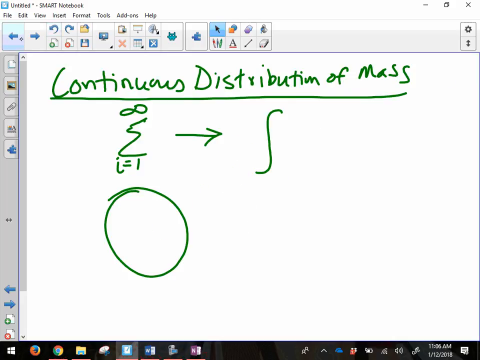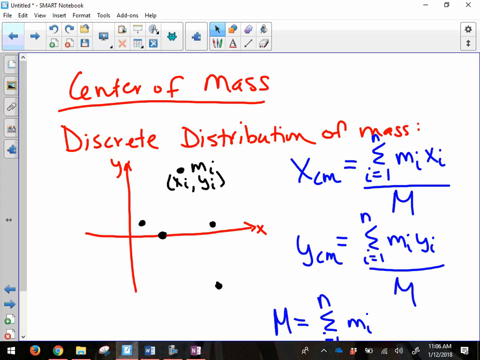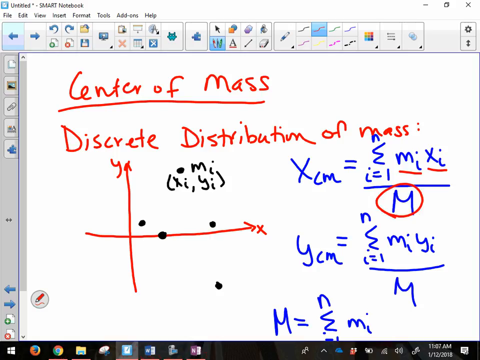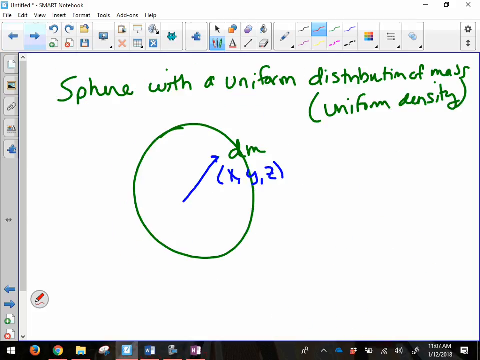And so remember back here when we were talking about the discrete distribution of mass, what I did was I added up the mass of every particle times its position, right? And then I divided it by the total mass. So when I'm talking about the uniform distribution, and I'm talking about that x center of mass, I'm still going to divide it by the total mass of my sphere.